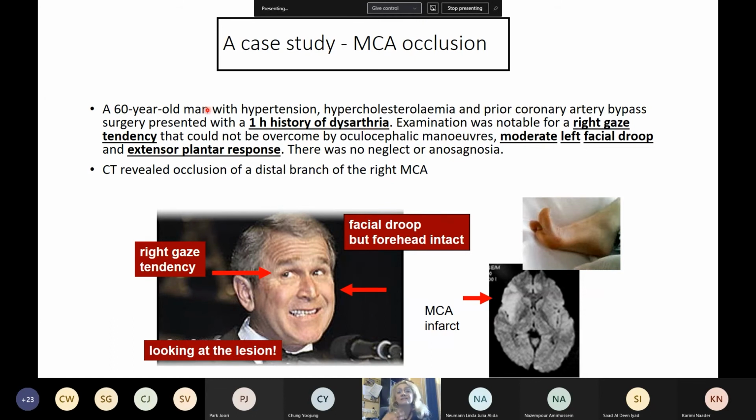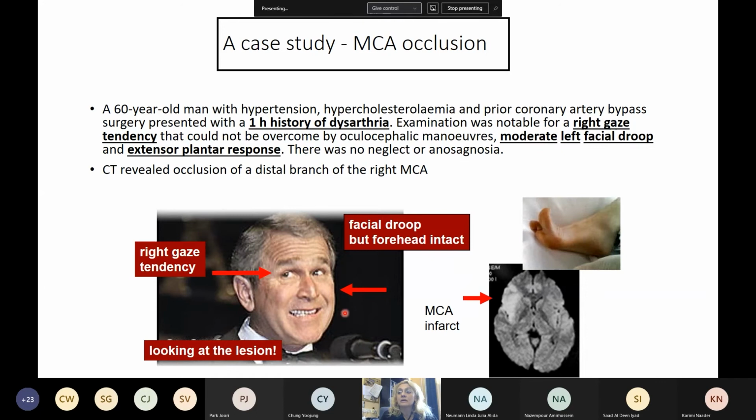Dysarthria means you can't speak clearly, you have speech difficulty, because of the muscles. And there is a right gaze tendency. You just learned it when you did the regulation of eye movements, that if the descending pathway going to the eye muscle nuclei is damaged, then you have a gaze tendency.